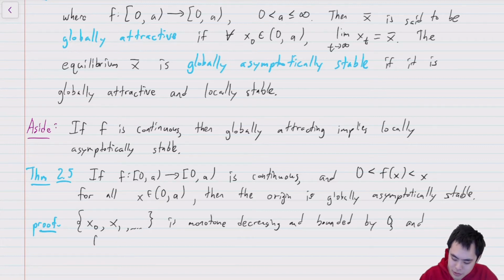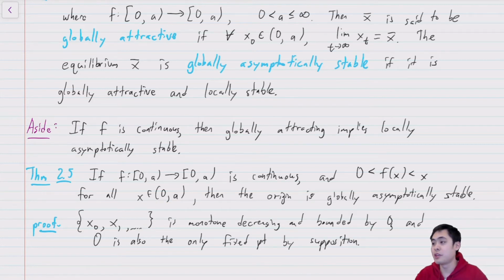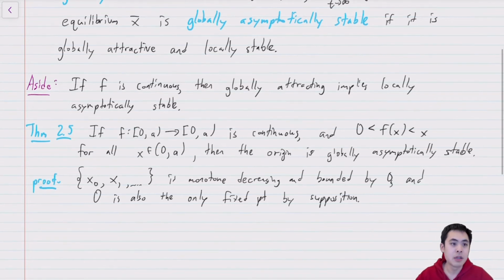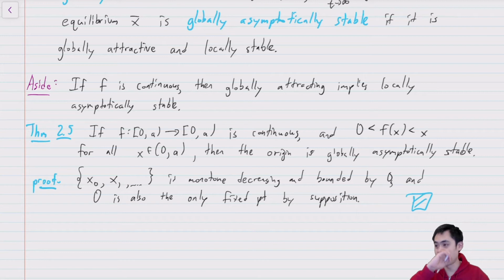And 0 is also the only fixed point by supposition. Because one of our assumptions is that for any x that isn't 0 in our domain, f of x is smaller than x. So they clearly can't be fixed points. And so therefore everything has to go to 0, and then we're done.